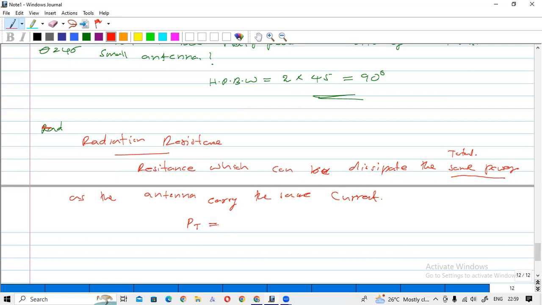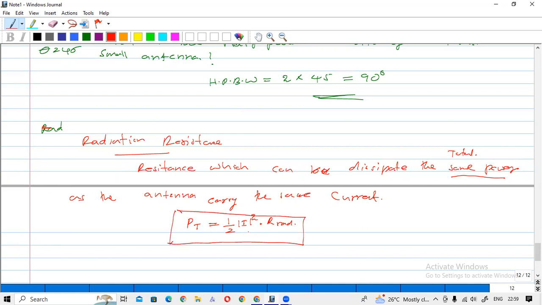So that is called the radiation resistance, and it is defined as half, this is the current, you take the square of the current, divided by R radiation. So this is how the radiation resistance is defined.